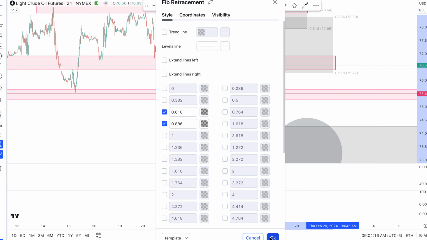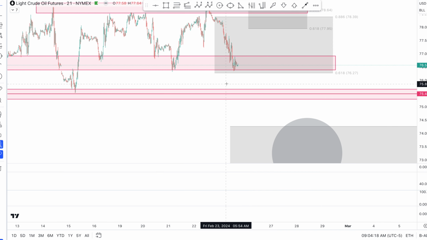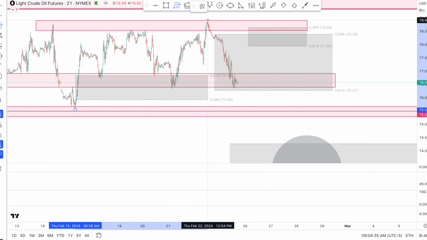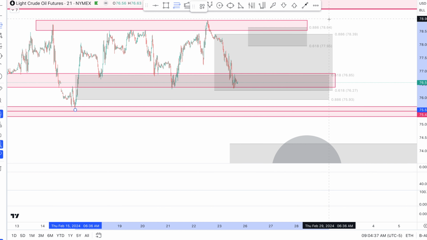Oops, sorry, wrong zone. I already took that zone off of there. But you can measure this a different way. Watch this. So this is the zone if price is going to go higher. If it wants to keep coming down, let's give us some fibs for down here. So I'll put that low, this high, 78.92, drag it over.